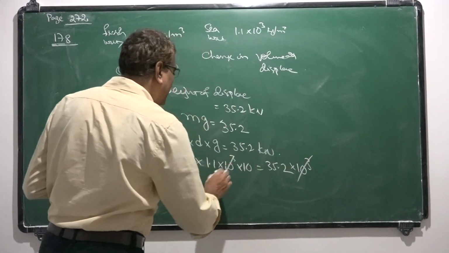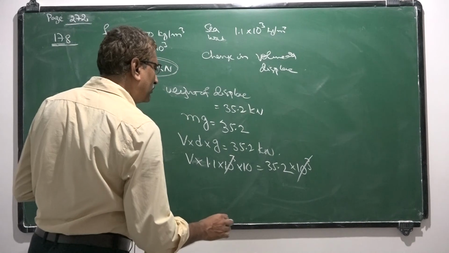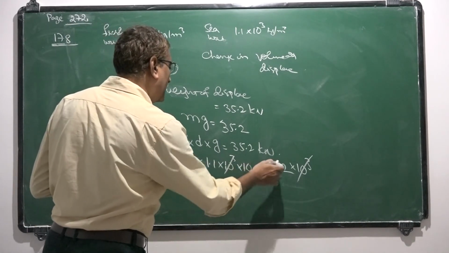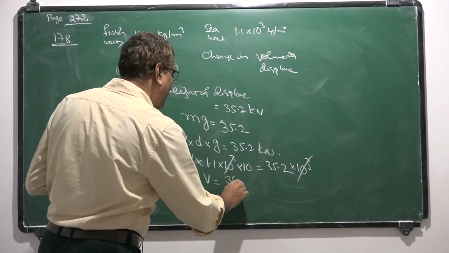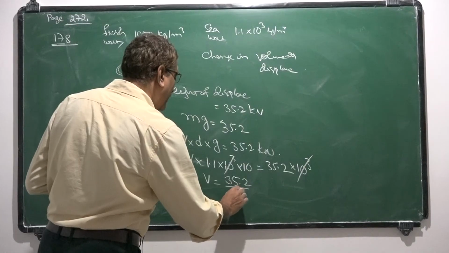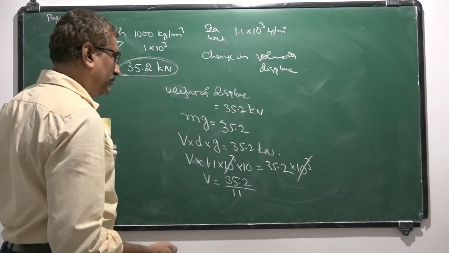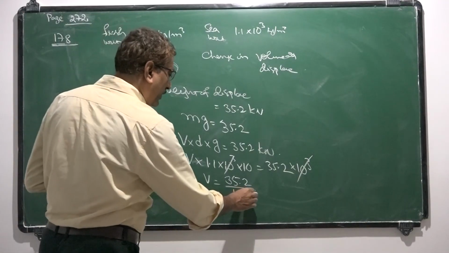So this will get cancelled. Okay, now volume is equal to 35.2 by 1.1 into 10.